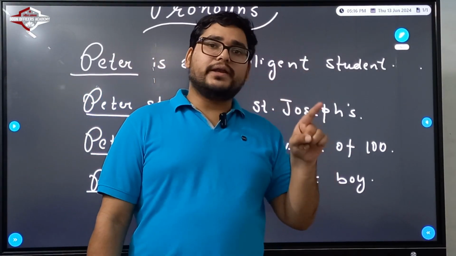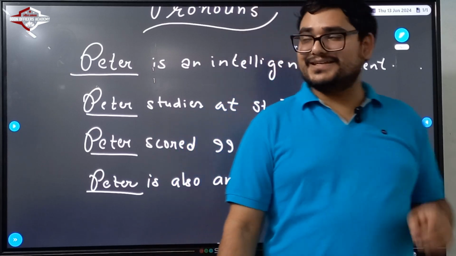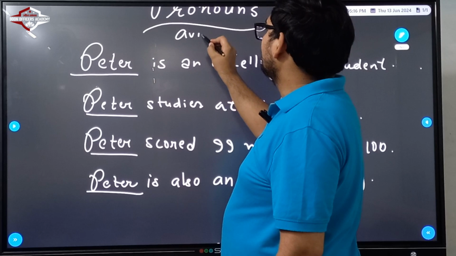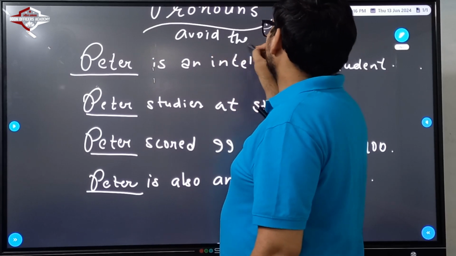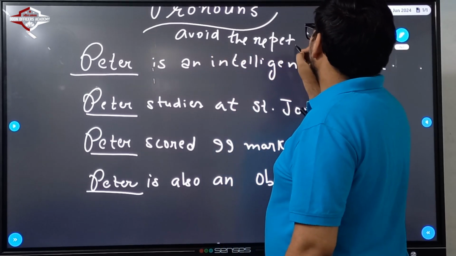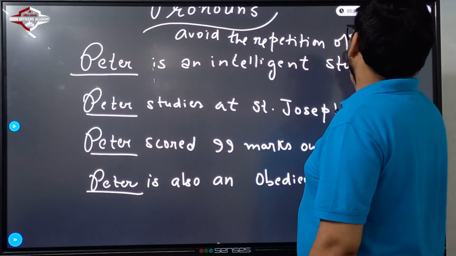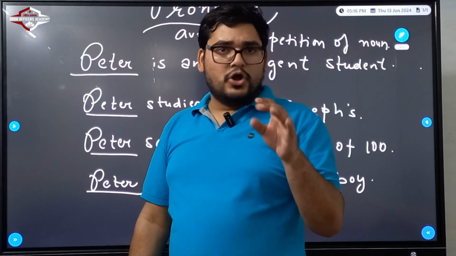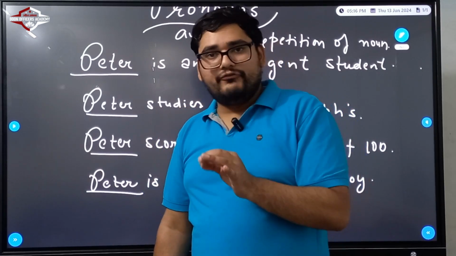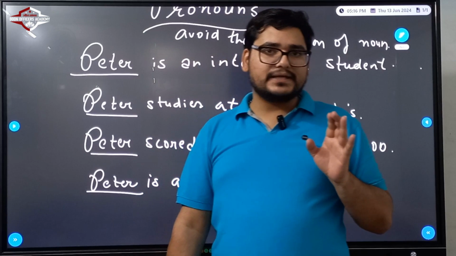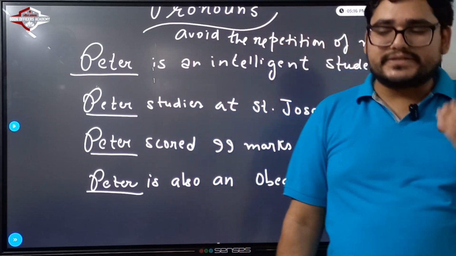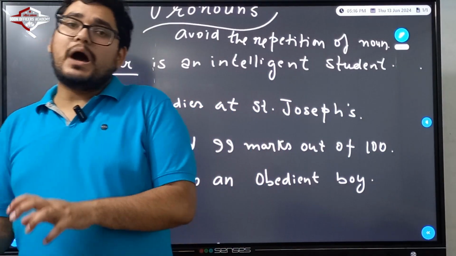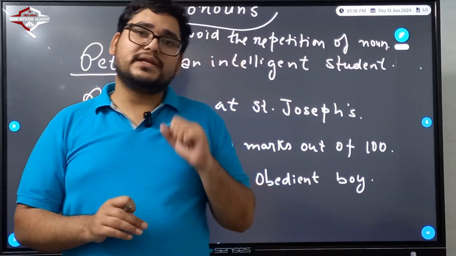So to avoid this repetition, that is, to avoid the repetition of noun, I need some other name, or I need a word that should refer to the same person. Do you get it? So I cannot use Peter again and again, but I need to talk about Peter. So how can I talk about Peter without taking his name?